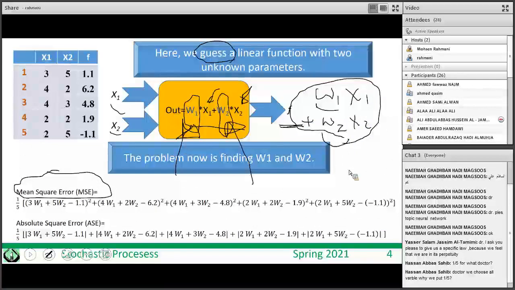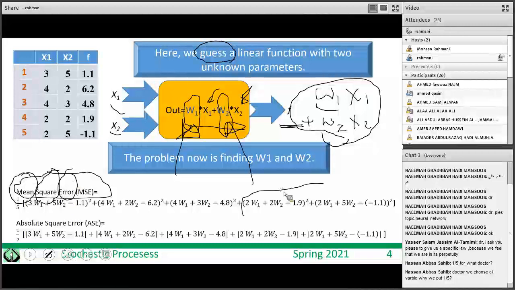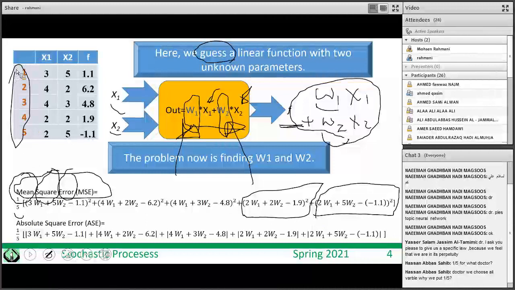This definition is standard. Mean square error is the average. Mean means average, the average of a square error. If every term is a square error, this is the average. Because we have 5 rows, we use 1/5. This is just averaging on the errors.